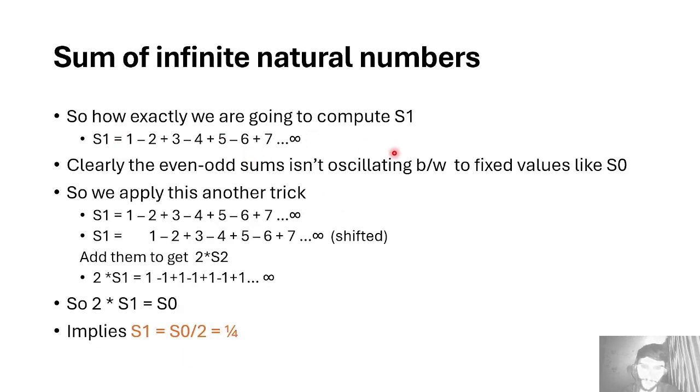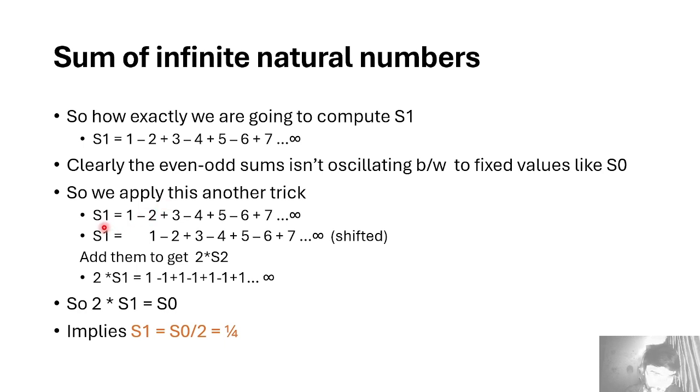So how exactly are we going to compute S1? S1 is rather different from S0, and you can see we cannot apply the same trick we applied for S0, because it's not oscillating between two fixed values like S0. So we do another trick.